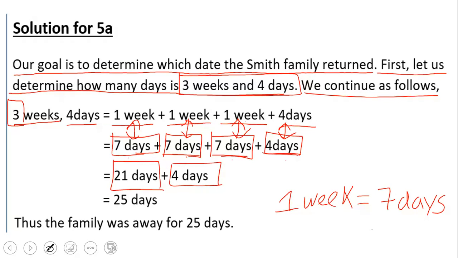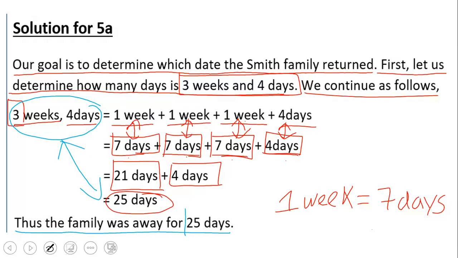The 21 plus 4 is indeed 25, so therefore we have 25 days. So 3 weeks and 4 days is the same amount of time as 25 days. Thus, the family went away for 25 days.